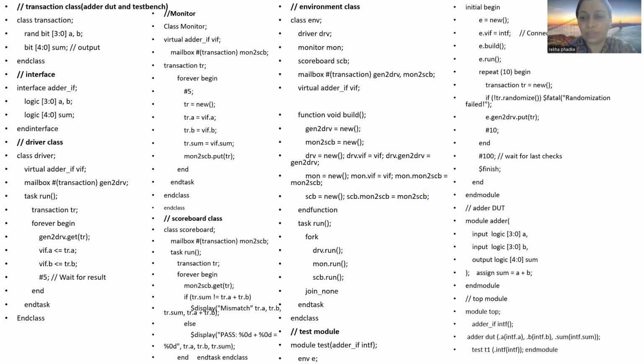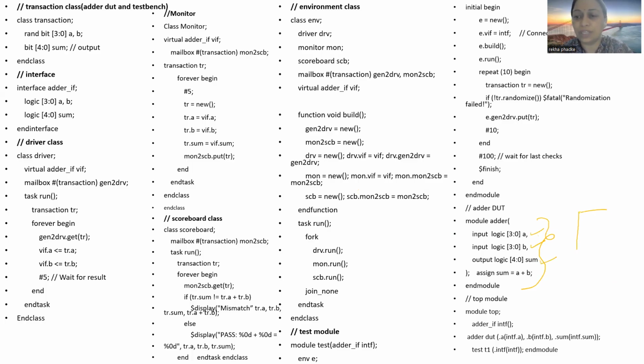Our DUT here is a 4-bit adder. So this is our DUT actually. We have the module by name adder, and 4-bit A, 4-bit B, and 5-bit sum we have considered.